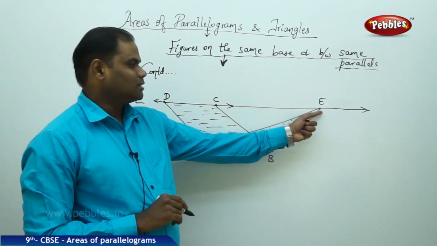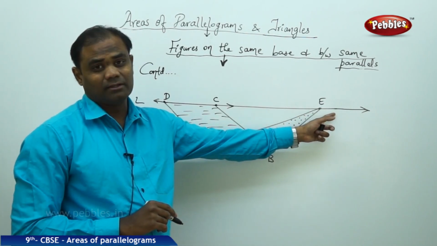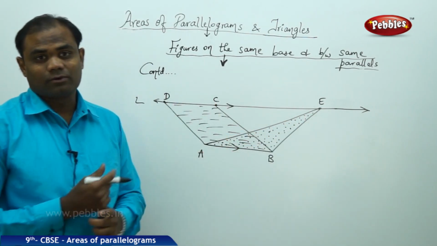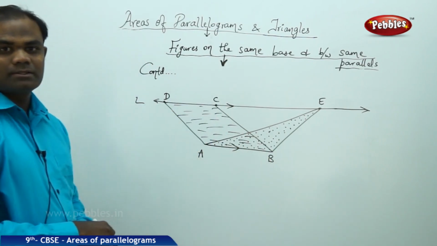So ABE is the triangle and ABCD is a parallelogram, which are on the same base AB and between the same parallels.